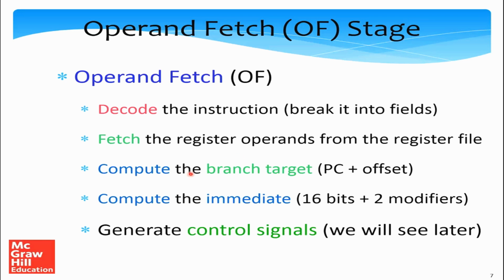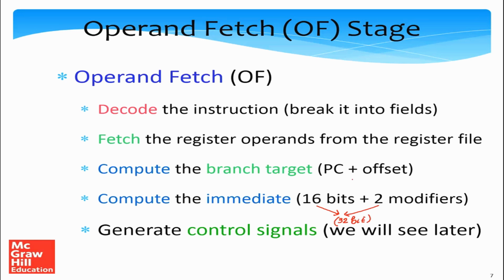Everything inside the processor is 32 bits. So these 18 bits need to be expanded and blown up to a 32-bit quantity. This is called expansion of the immediate.